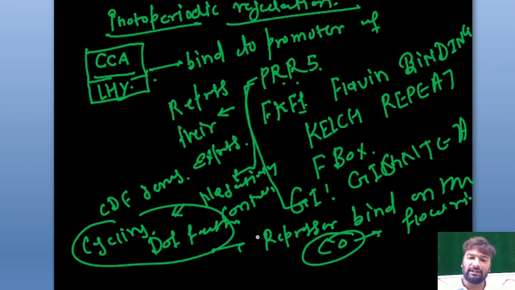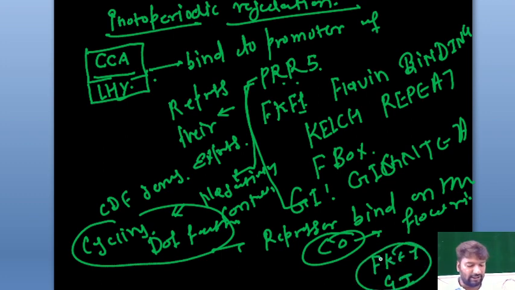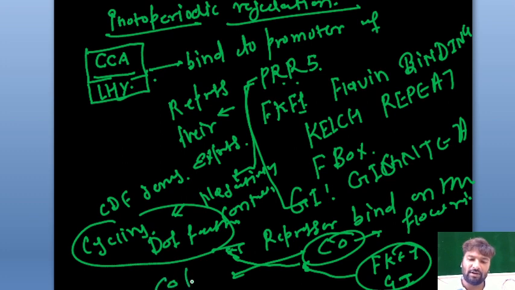So this FKF1 and GI complex regulates the activity of this, degrades the CDF genes, and there will be an expression of these genes which regulate the flowering process.